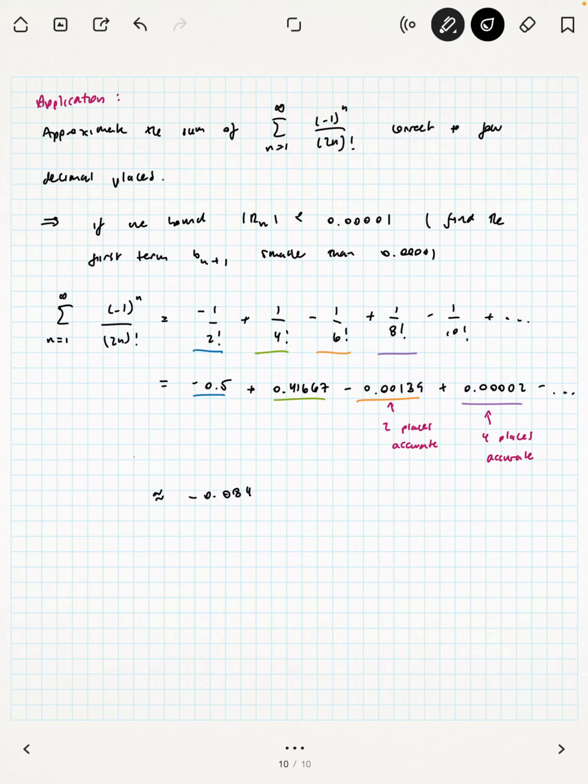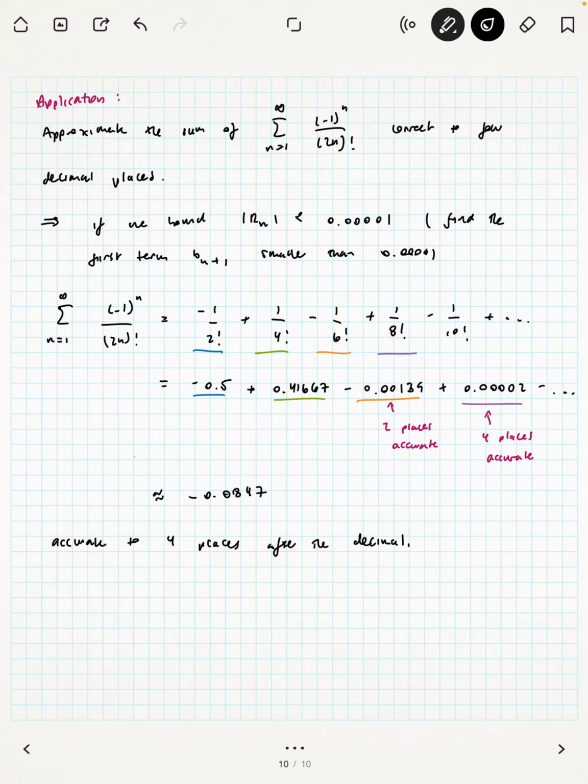So, now we say the sum is approximately equal to negative 0.0847, accurate to 4 places after the decimal. So if we were rounding to that specified threshold, 4 places after the decimal, this is that exact value in that representation. Of course, it's all approximation.